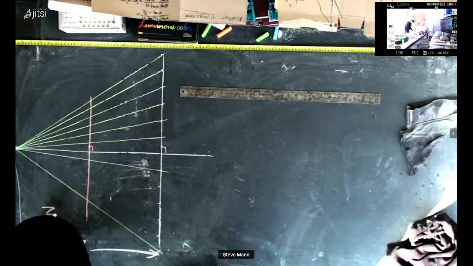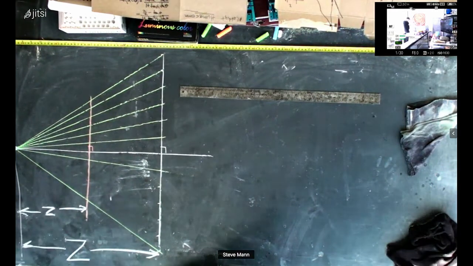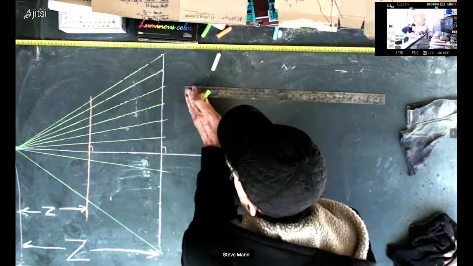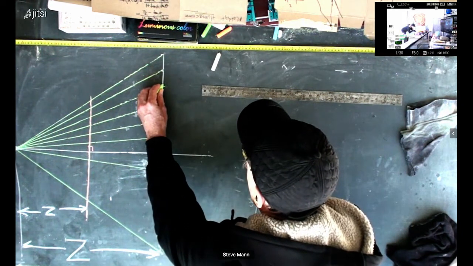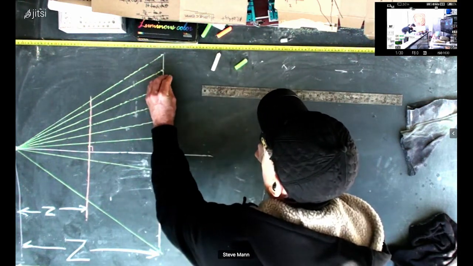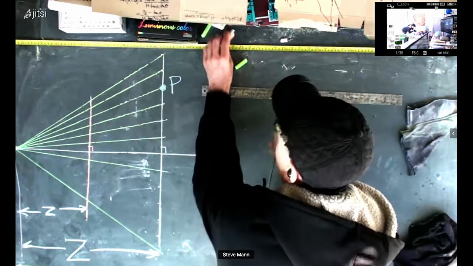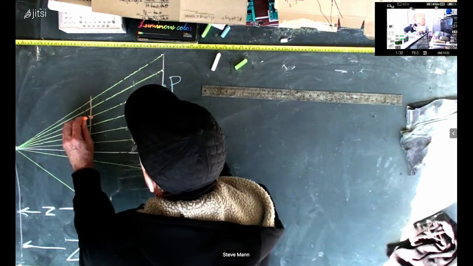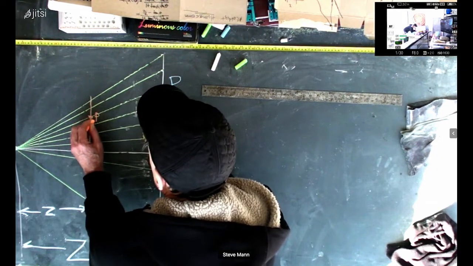And this is little z here, this distance. And then right here, we'll pick some arbitrary point, say in blue here, this point P, off in the blue yonder, big P. And big P maps to little p, much closer to us inside the image plane.